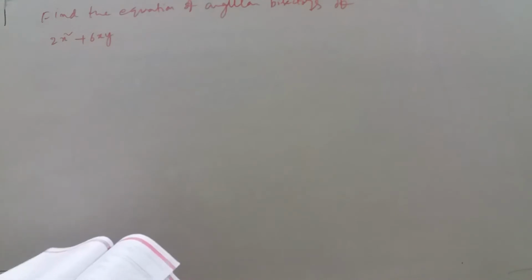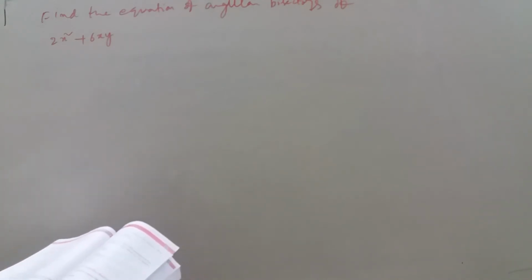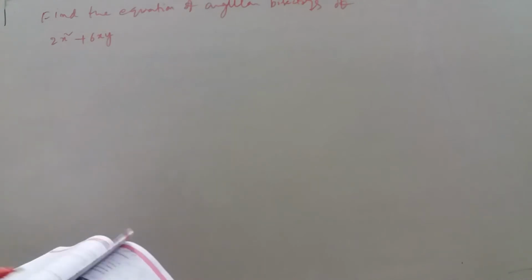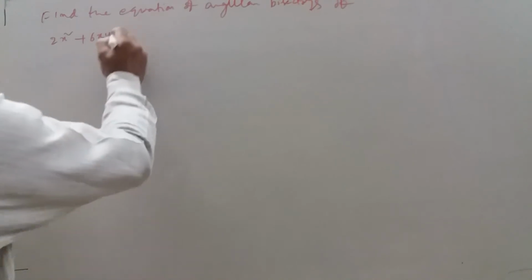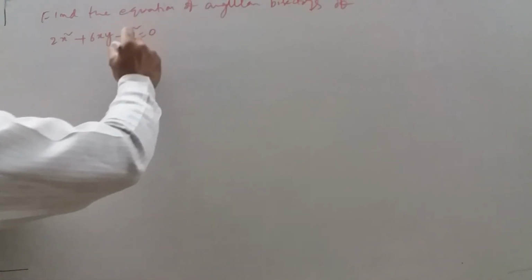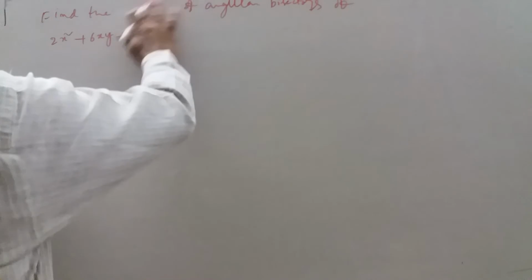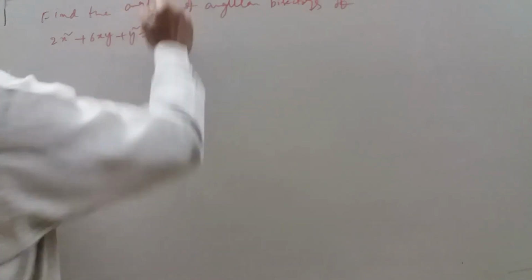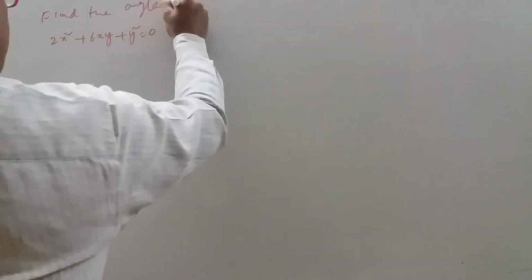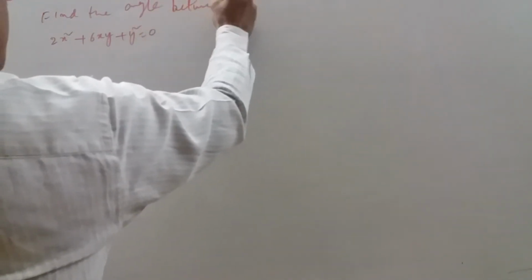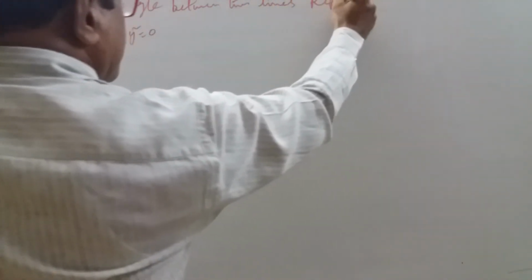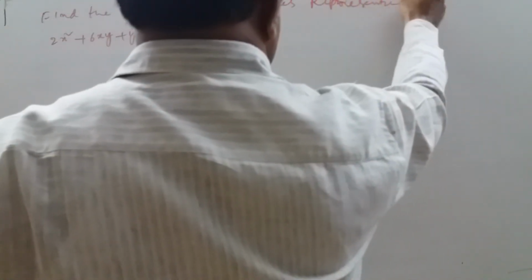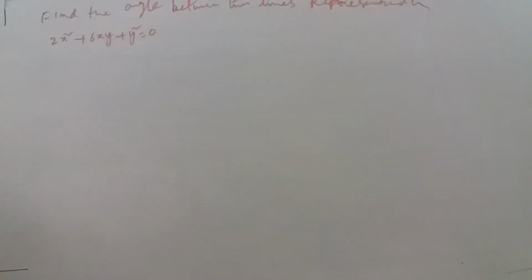So, first we have to find the angle between two straight lines. Find the angle between two lines represented by the given equation, 2x square plus 6xy plus y square is equal to 0. Okay.